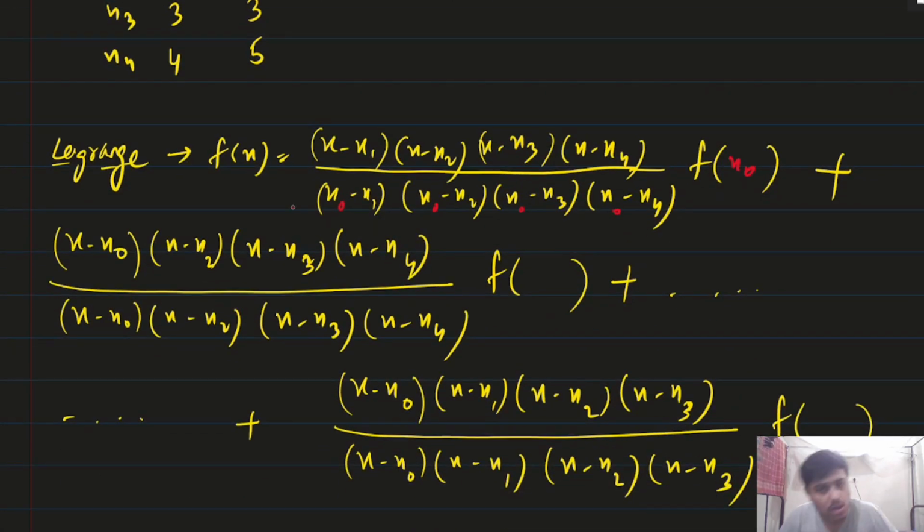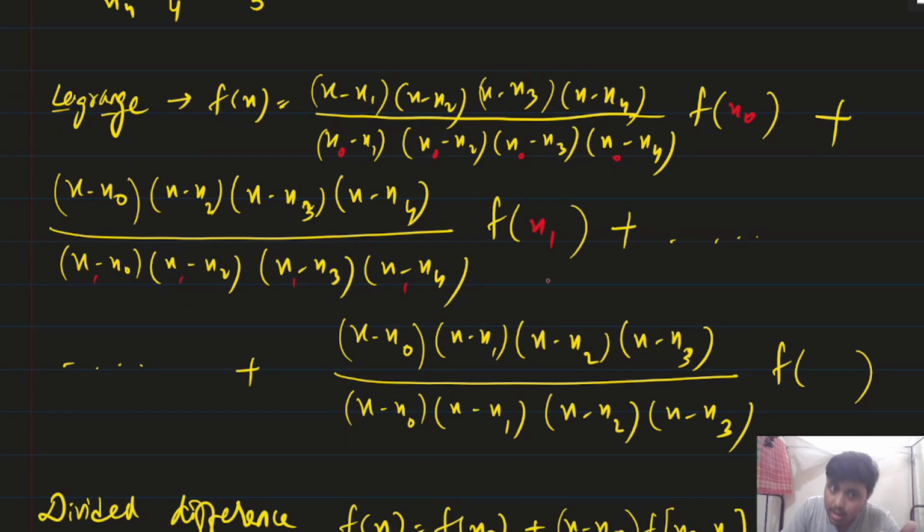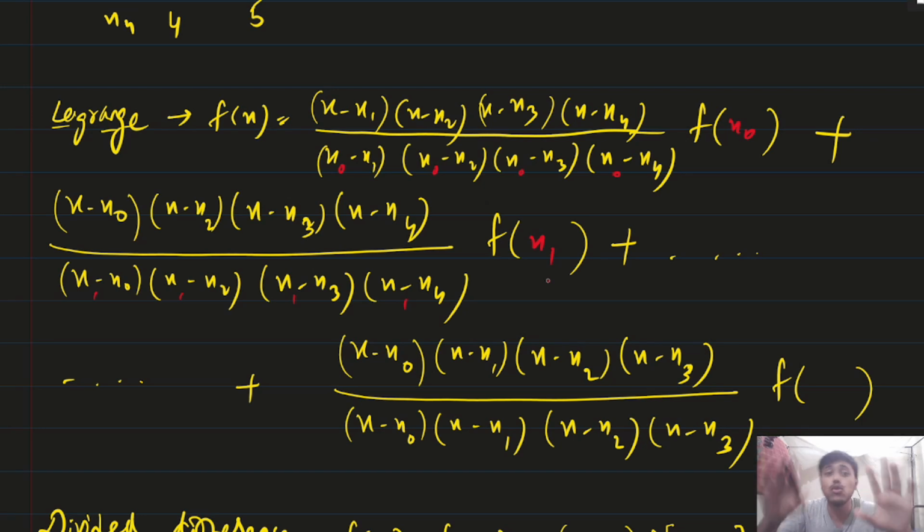Similarly we will omit x1, so x minus x0, x minus x2, x minus x3, x minus x4. What we have omitted, x1, so in the denominator we will write x1, and here f of x1. So the formula is quite easy to remember, but if you put in all the values and find the polynomial, it will be very lengthy.